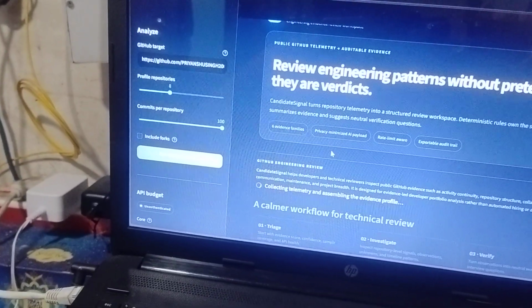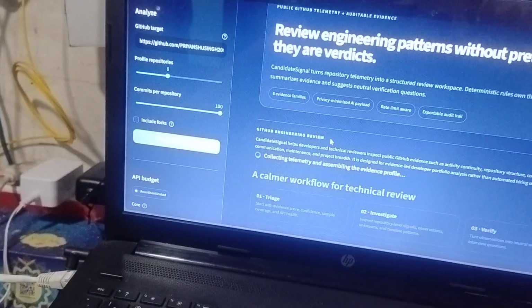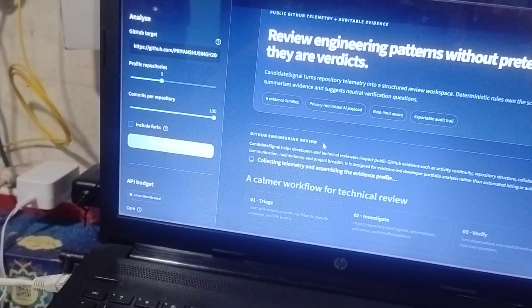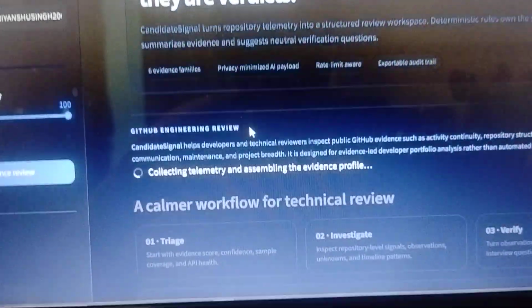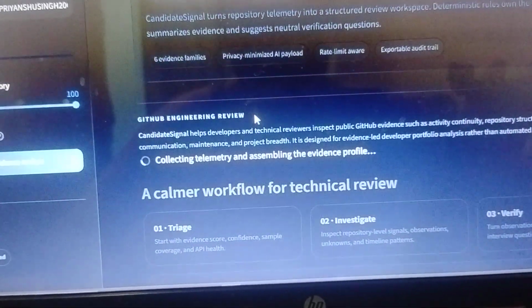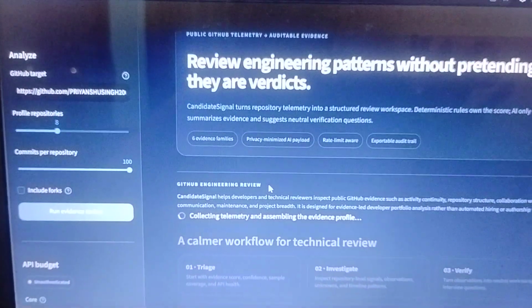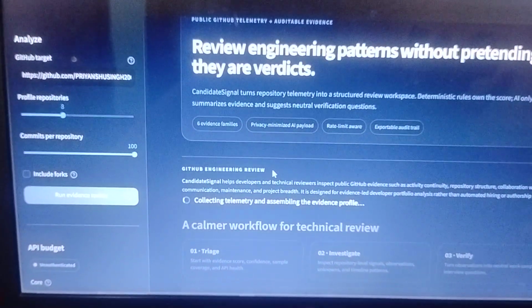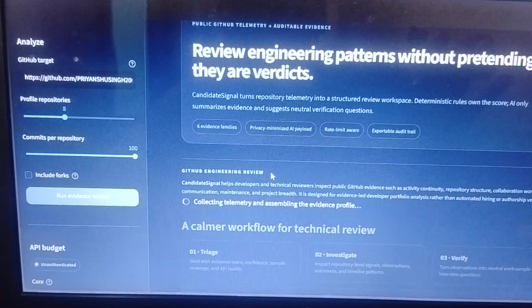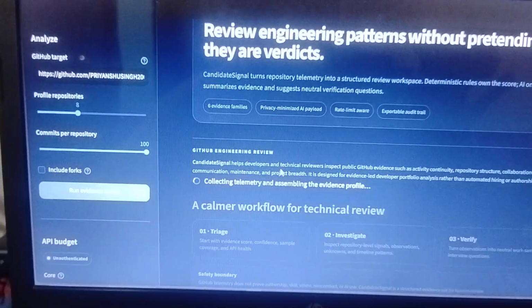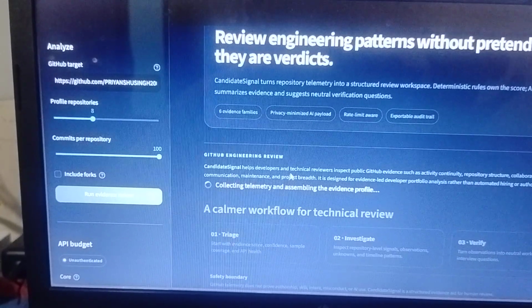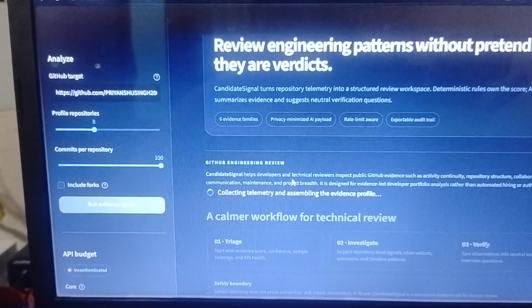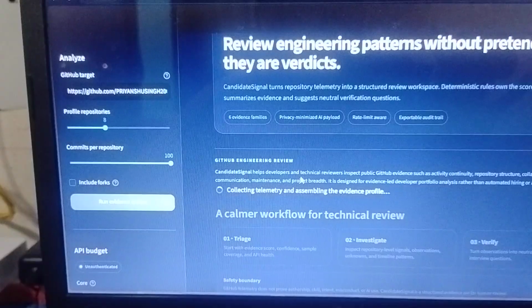So first it collects the telemetry and assembles the evidence profiles. Currently the engineer evidence covers around 6 evidence areas.